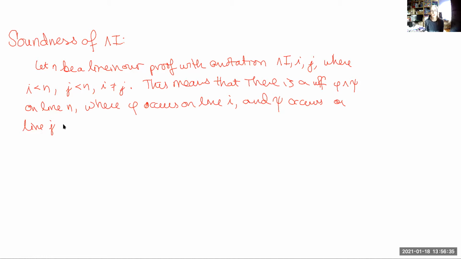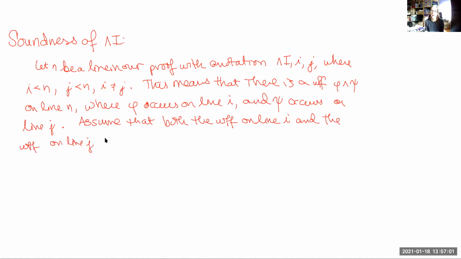Now what we want to show is that if everything we've done so far is good, then doing this step is also going to be good. So let's make this explicit. We're going to assume that both the well-formed formula on line i and the well-formed formula on line j are true.